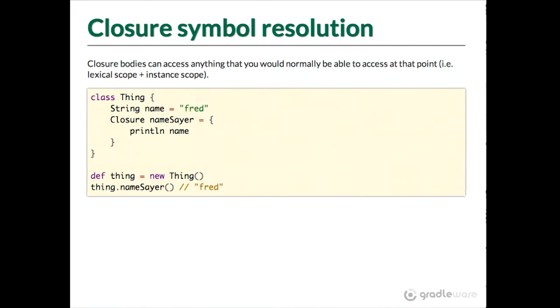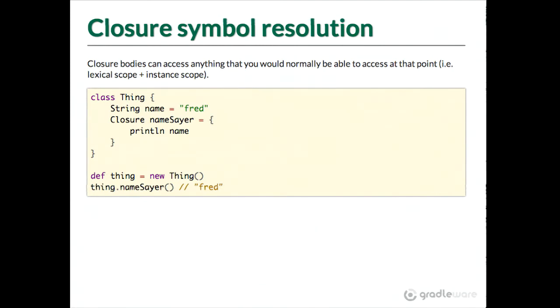And now here we get some of the really powerful stuff about closures, because the interesting thing about closures is that they're closed over a context. And this is where they might differ from just methods or code blocks or lambdas and things like that. So here I'm declaring a class called thing. Within that class, I have an instance variable called name, which is set to Fred.